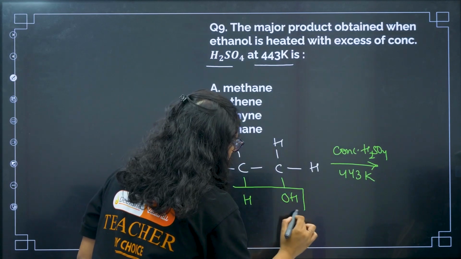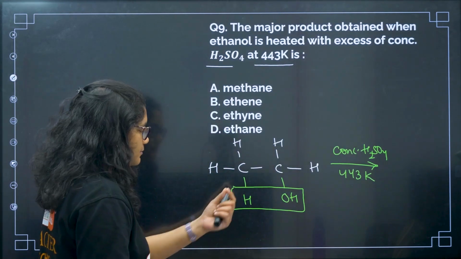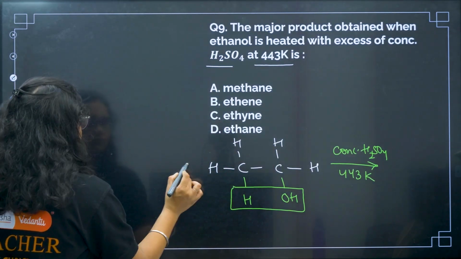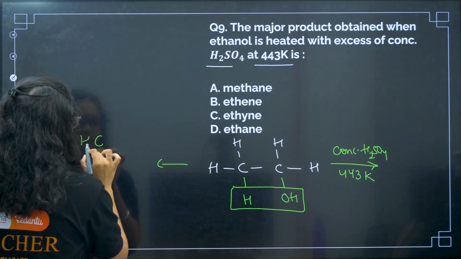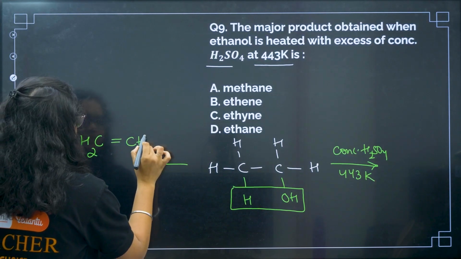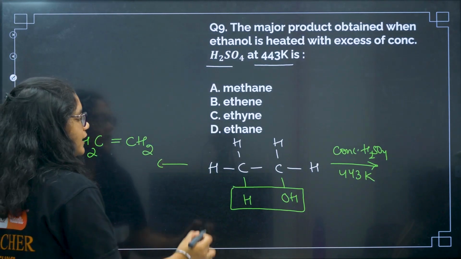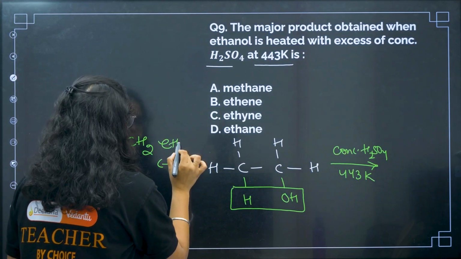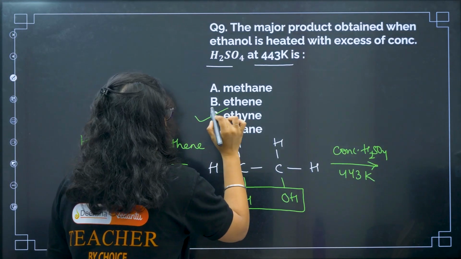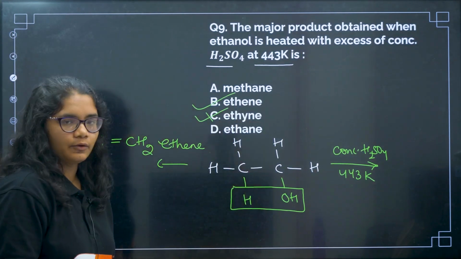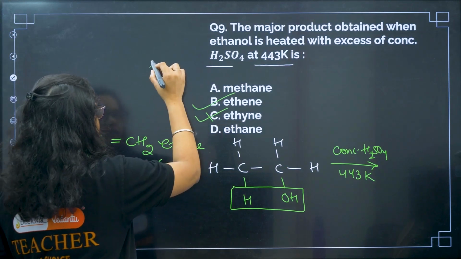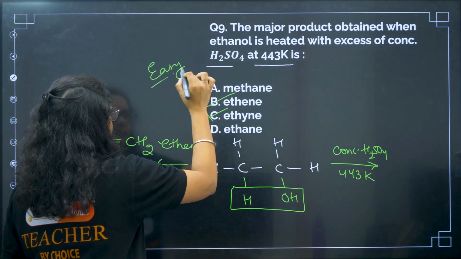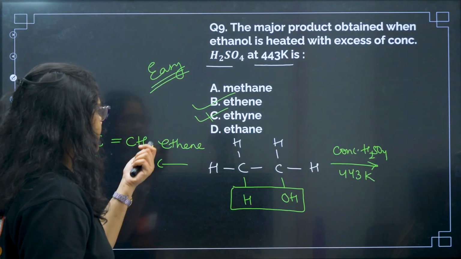This part will be dehydrated, right? So if this part gets dehydrated, then the product formed will be CH2=CH2, right? So the correct answer will be ethene. Sorry, option number B. Okay, so this is also again a very easy question, reaction based but an easy and simple reaction.